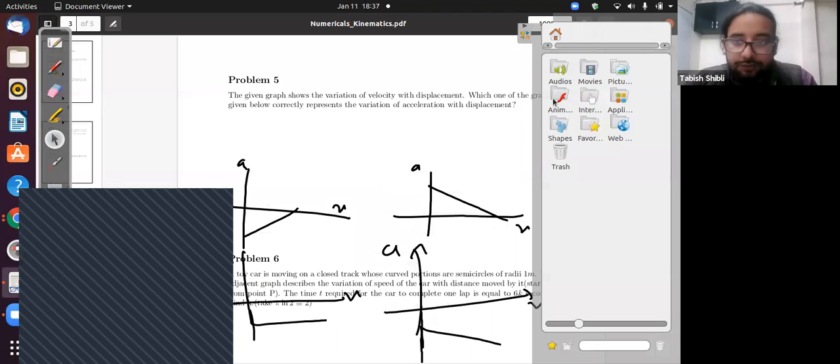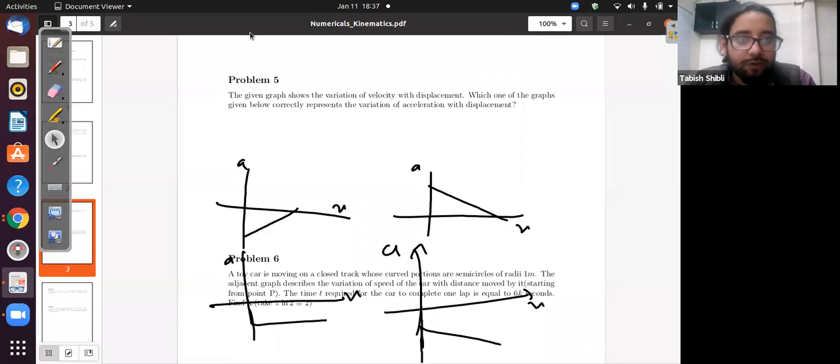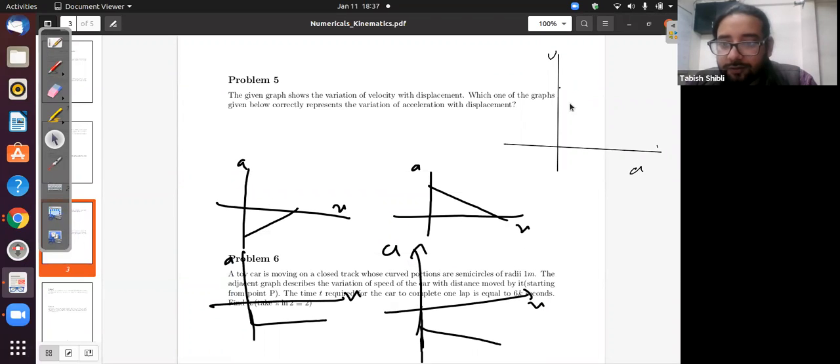So, screen share, desktop. Okay, so these are the four options. Can you see the four options? Yes, sir. Lovely. What did the initial graph look like? You have velocity and displacement going down.